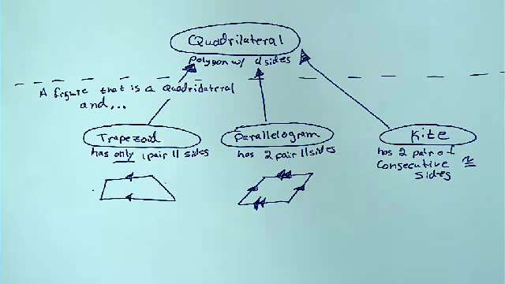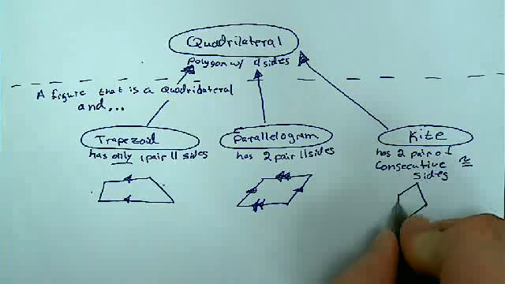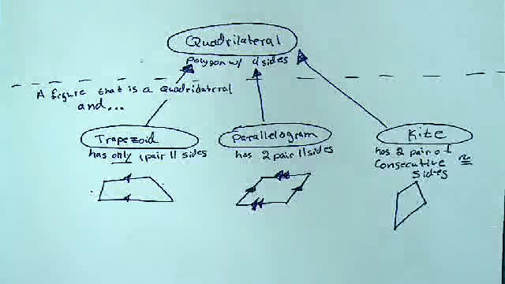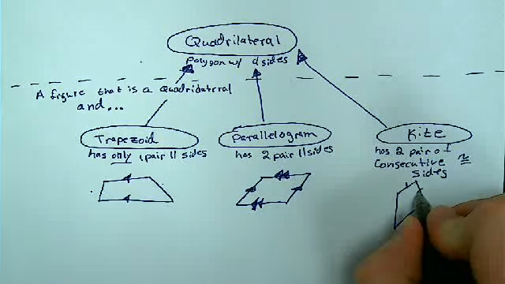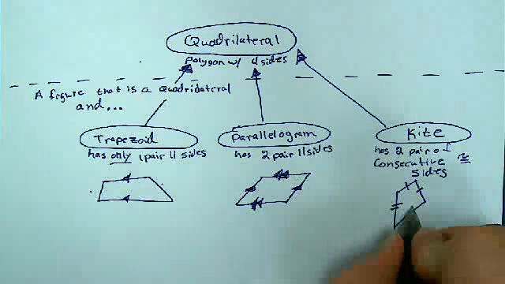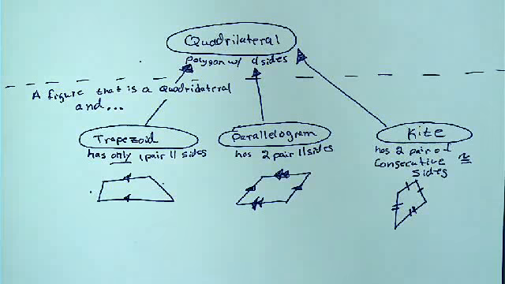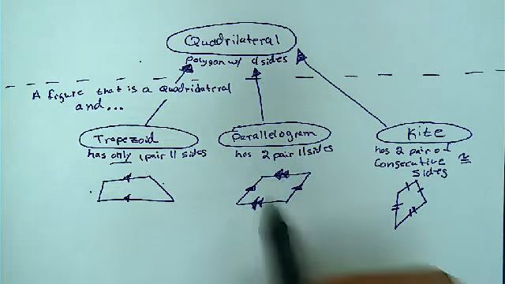What do you mean by consecutive? Flying kite. The kite looks like this, just like a kite that you would normally picture from being a kid. These sides are congruent because they're next to each other. And these sides are congruent and they're next to each other. Now, part of the reason we're particular about that consecutive side bit is when we look at parallelograms' properties, we're going to see some interesting things happen with those lengths.